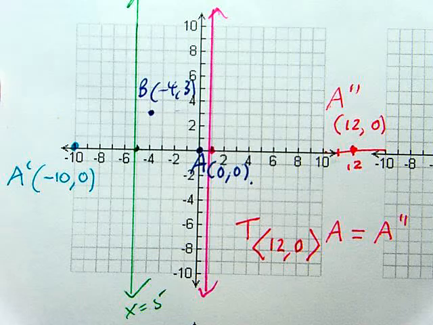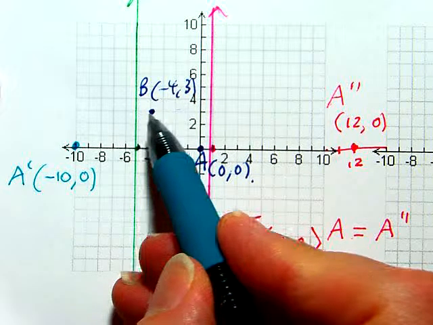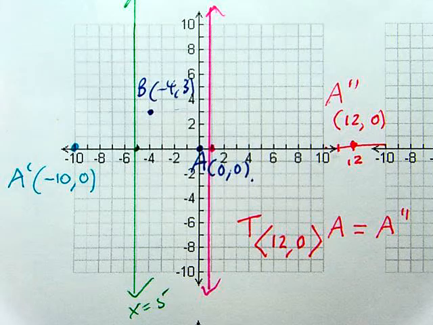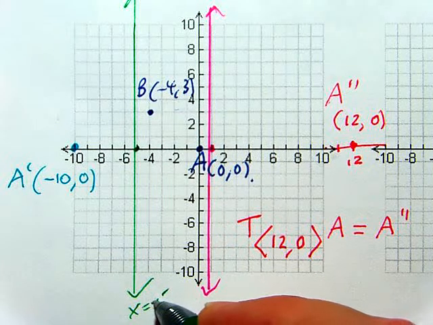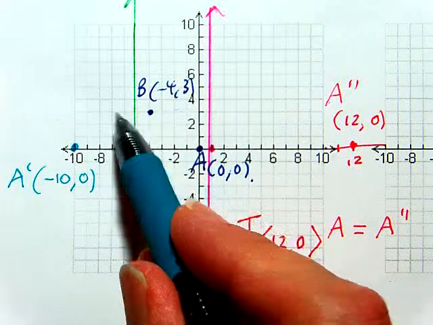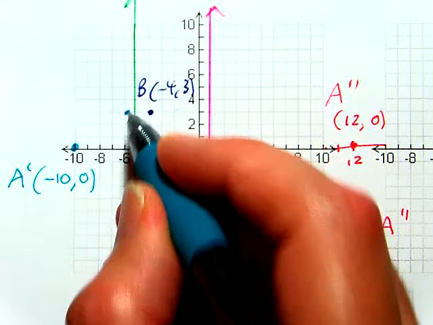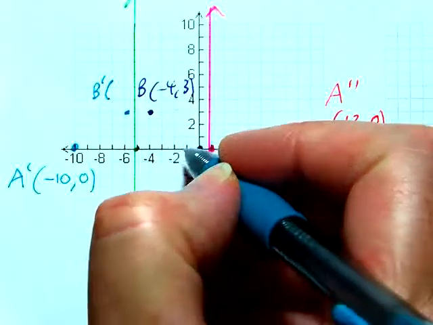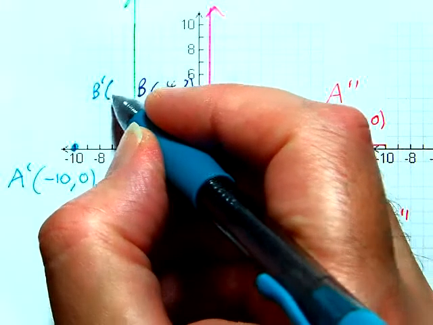Since this point is 1 unit to the right of x equals -5, the reflection is going to be 1 point to the left of it. So we're going to have B prime at -6, 3.